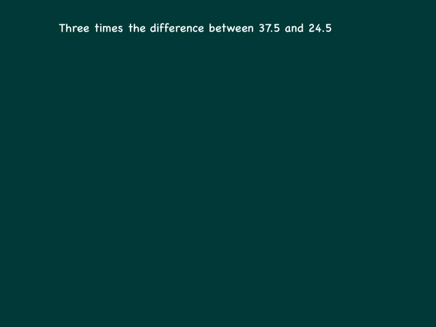Here's another example. 3 times the difference between 37 and 5/10 and 24 and 5/10. So again, if I have my unit, that's going to have a value of 37 and 5/10 minus 24 and 5/10. And I want to do 3 times that.